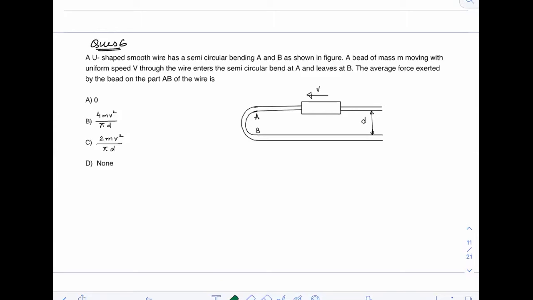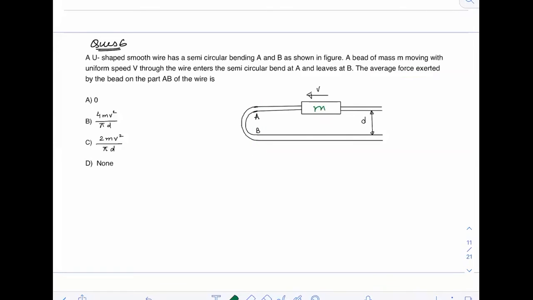A bead of mass m, moving with uniform speed v through the wire, enters a semicircular bend at A and leaves at B. The average force, so they're asking me average force by the bead on the part AB. I have to only calculate for this part, on this part AB of the wire.